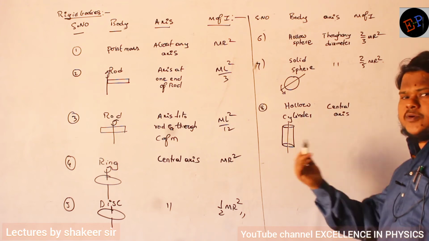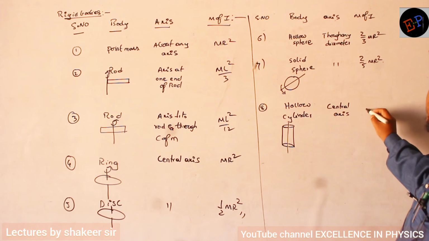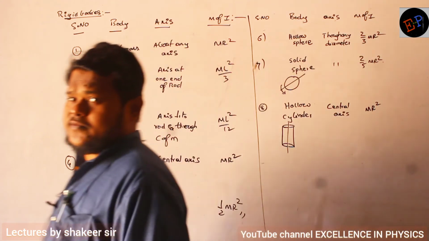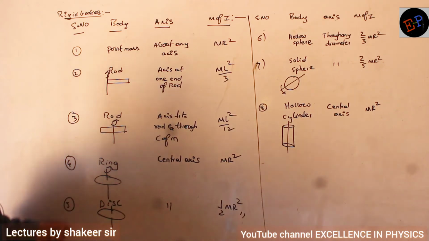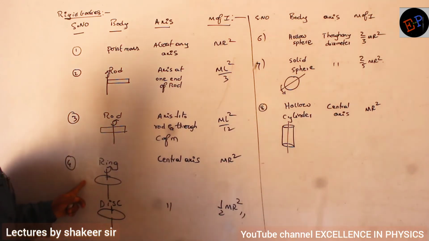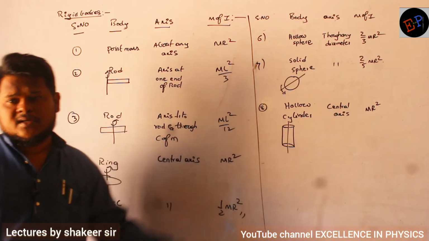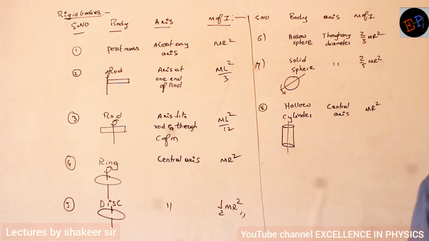If it is rotating about this axis, then what is its moment of inertia? Moment of inertia is mr square. So for a hollow cylinder also, moment of inertia is mr square. How can you say? For a ring also mr square, for a point mass also mr square, for a hollow cylinder also it is mr square only.